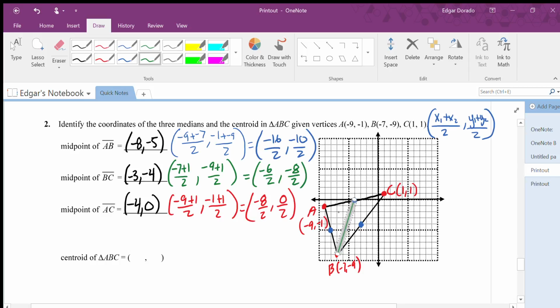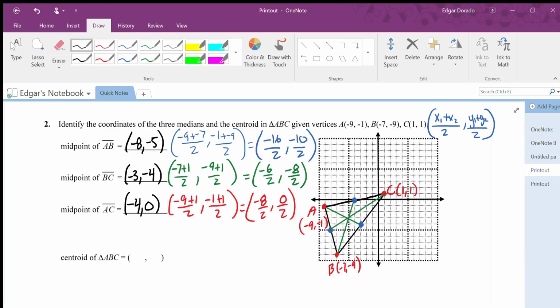From A to the other midpoint. Oh, that didn't work quite that well. There we go. And then finally, one more from C all the way to the other side.